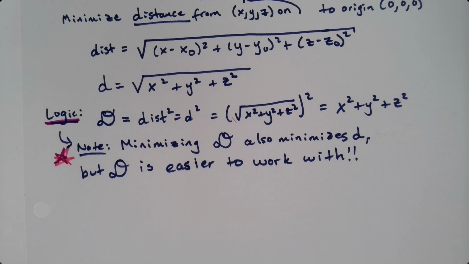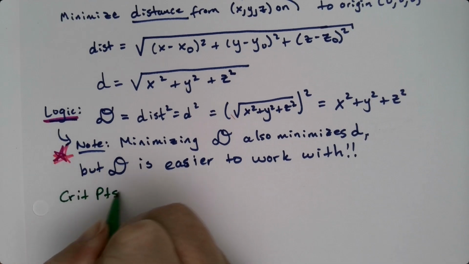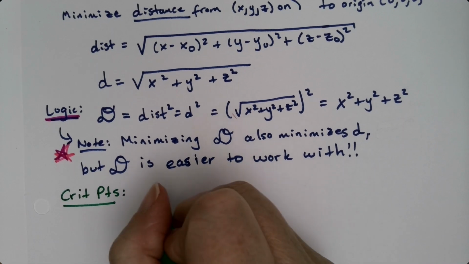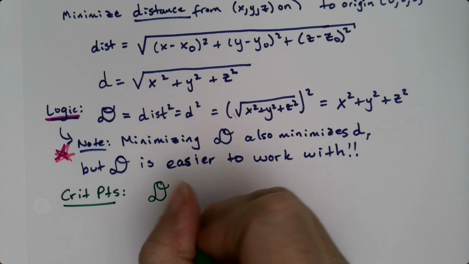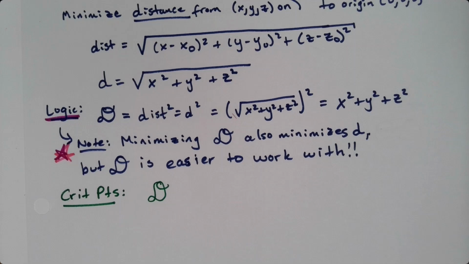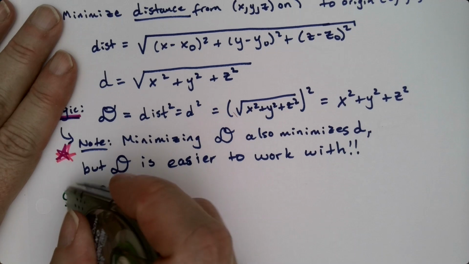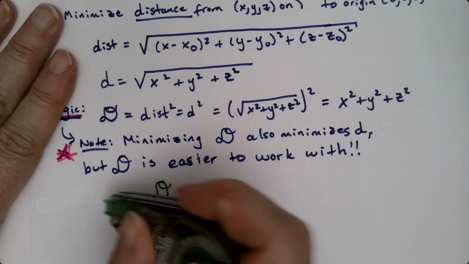All right, so let's find our critical points. So we need capital D sub x, or excuse me, we have one other problem, which is we have too many variables. So we need to make one other note. So one note is that working with this is easier. But the other note is we have too many variables.